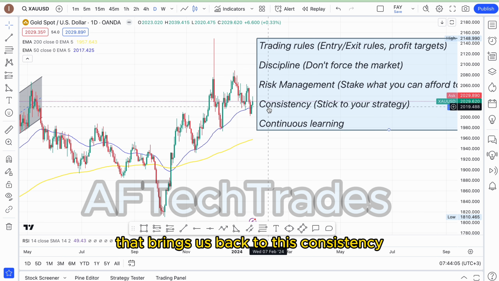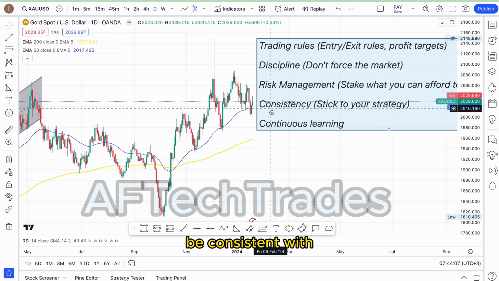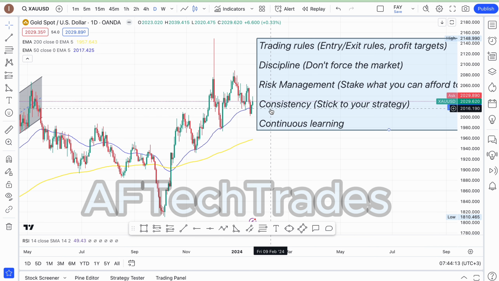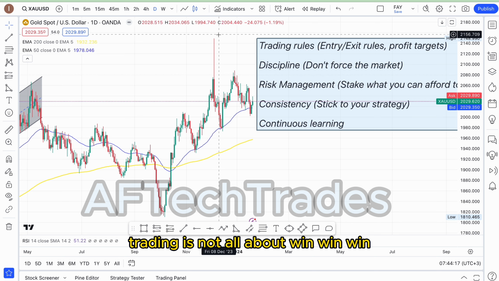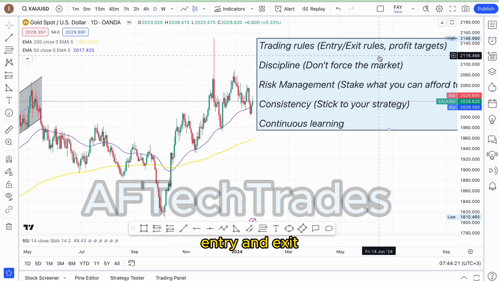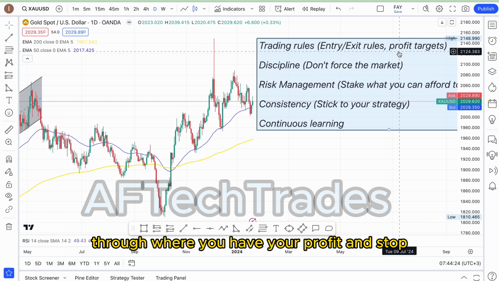That brings us back to consistency. Be consistent with whatever strategy you have adopted. Having said so, know that trading is not all about winning. That is why we talk about entry and exit rules, where you have your profit and stop loss target.